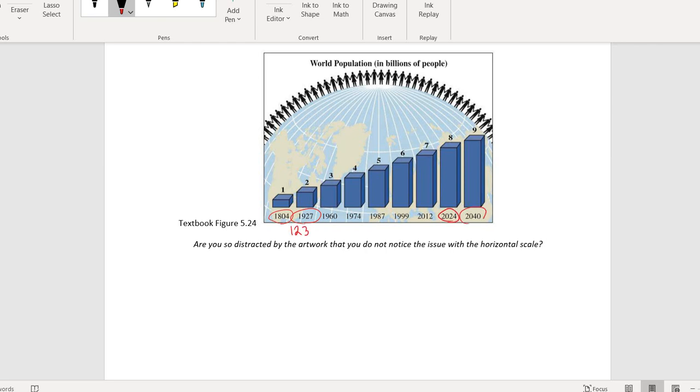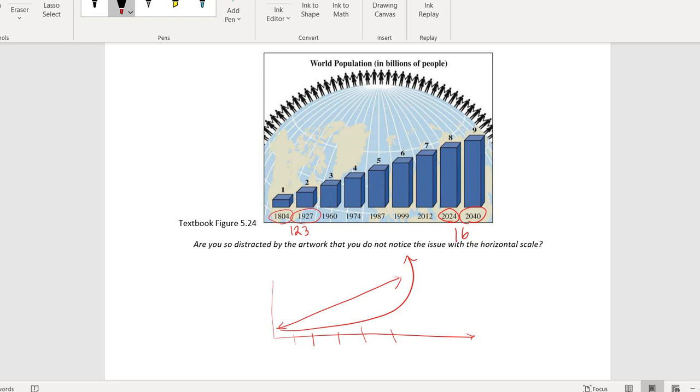However, when we get towards the end, we only have a difference of 16 years. So if the x-axis was uniformly separated, this information would actually look more like a hockey stick and less like a straight line.